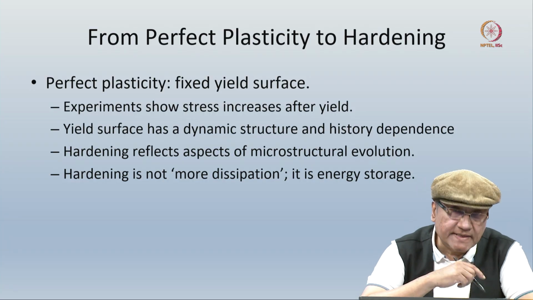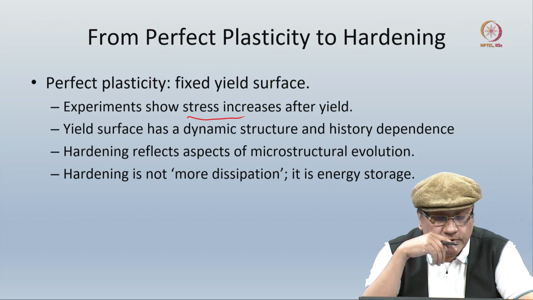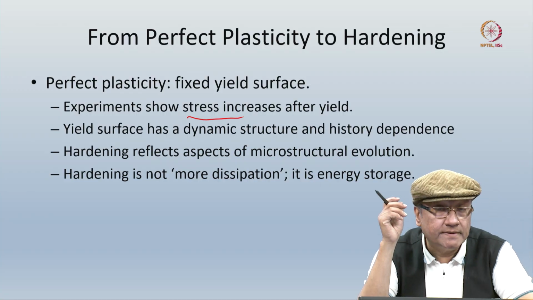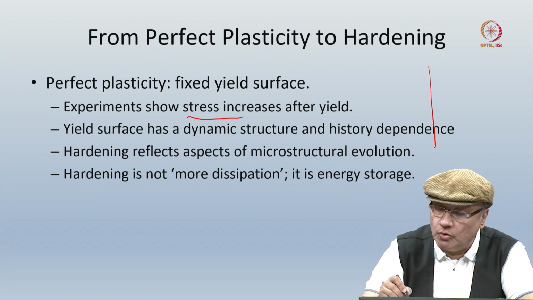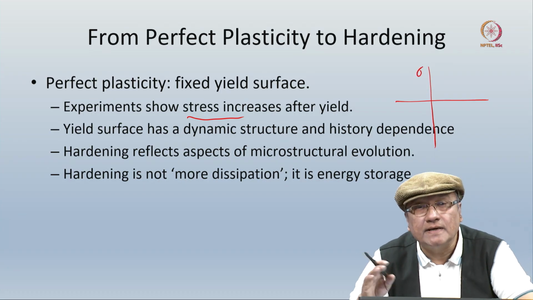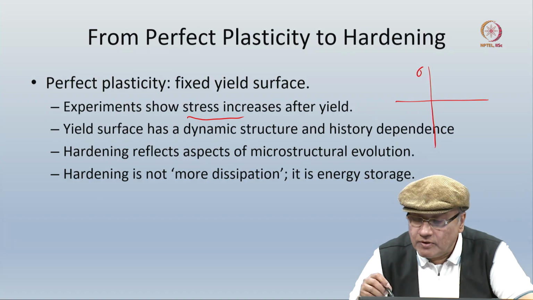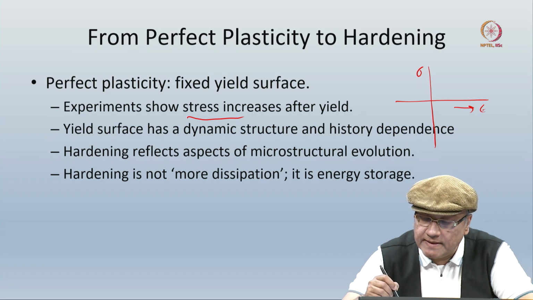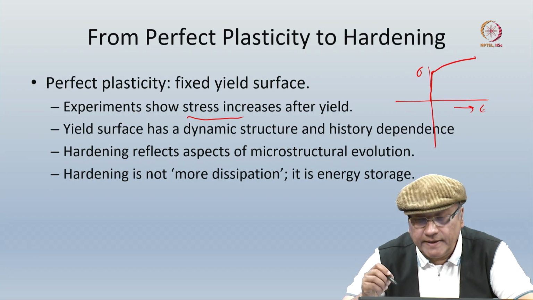Basically the experiments show stress increases after the yield. First time if you just load a body, this is my stress. This is done in a very schematic manner because stress is not a line but a tensor. This is some strain. Think of it purely schematically. So this is the elastic curve. This is the initial yield point from which we have a hardening-like behavior.